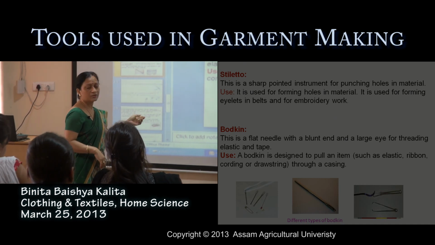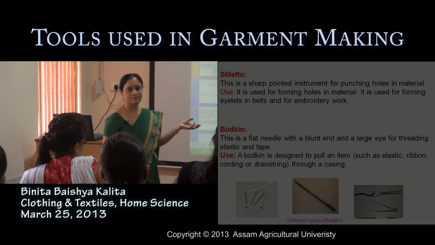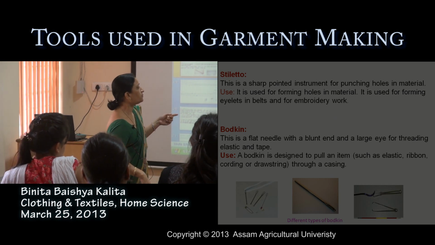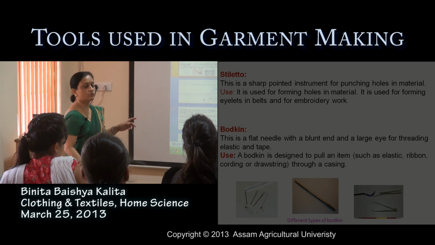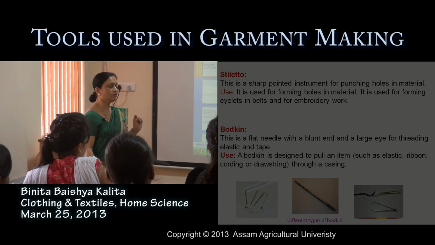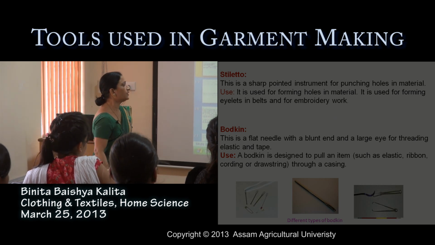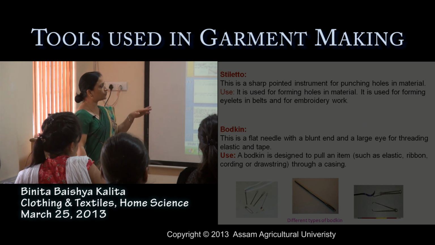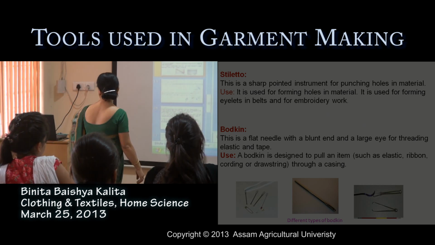So these Bodkins are different. You will get them in different sizes and varieties. So depending on your work, you can use the suitable type of Bodkin for threading the elastic through your garment. And also you can use this for threading ribbon, cord, or string through the casing of your garment.